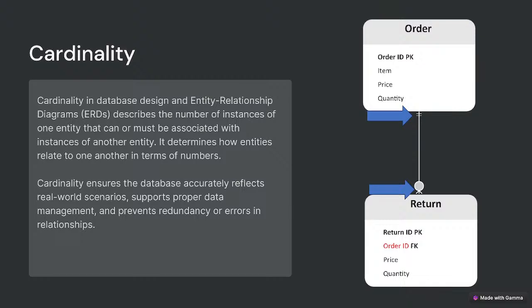So for my iPhone example, if I order one iPhone, the relation between the iPhone, the order, and the return is 1. And only one iPhone, I can order one iPhone. Sorry.